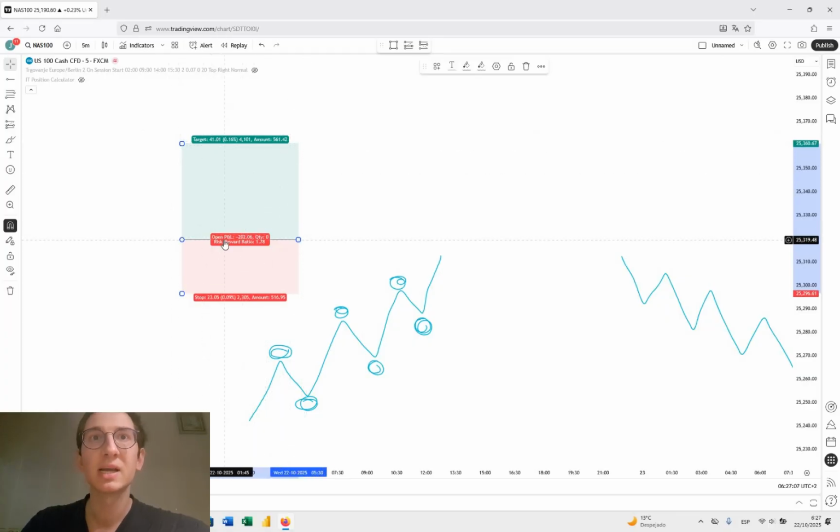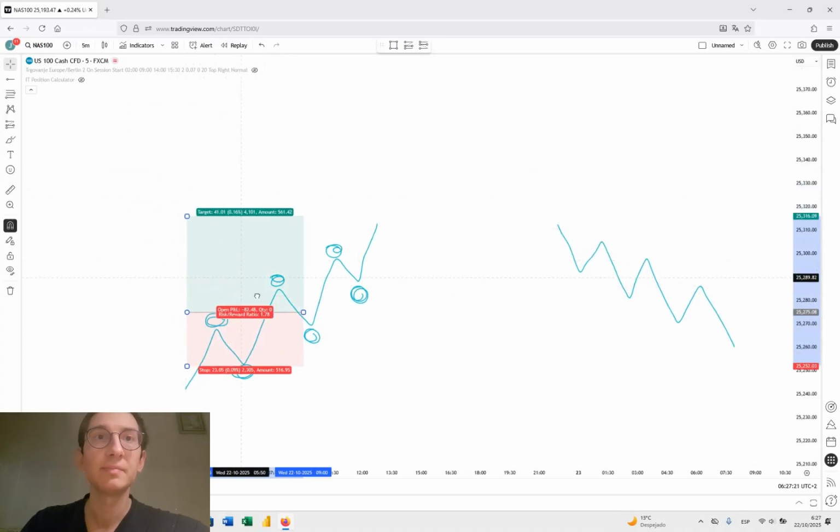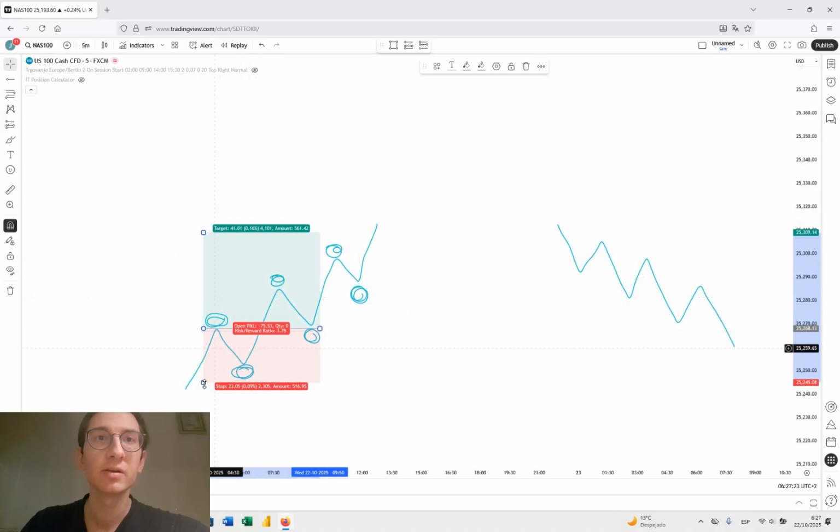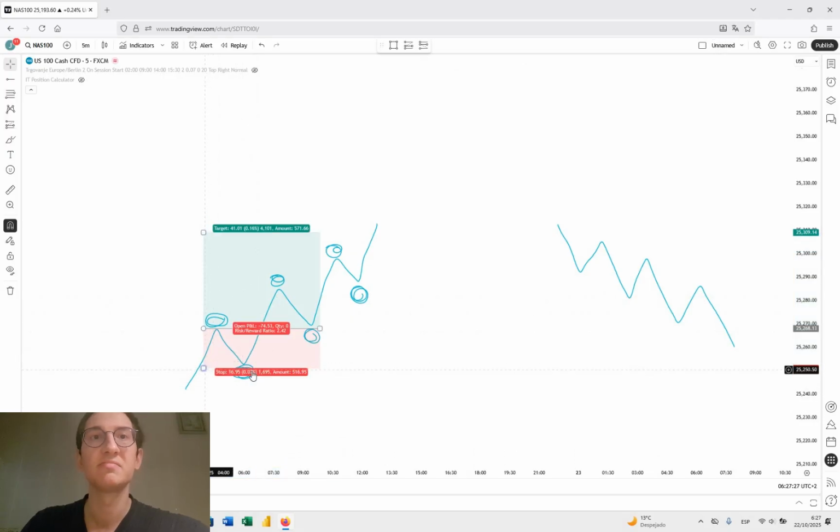But if the market doesn't go in their favor, then they will automatically sell their position at this point, which we call stop loss, so that they don't lose that much money. So the traders enter a trade here, put the stop loss below, and wait to see what the price will do.